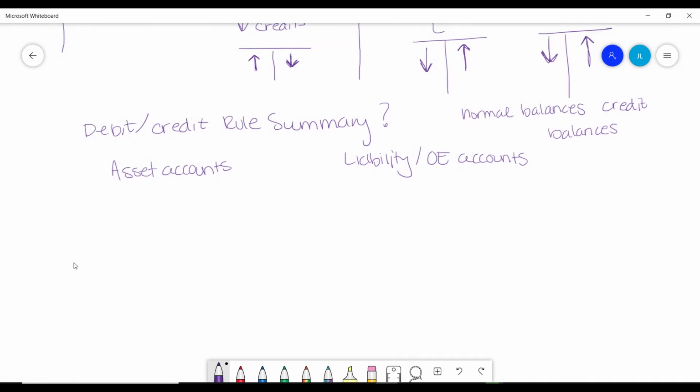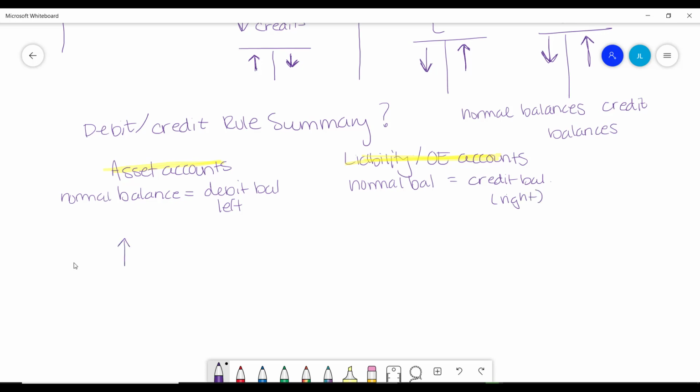Well, what's the normal balance for an asset account and then for a liability account? Okay, well, the normal balance for an asset account is a debit balance, which is the left-hand side of the account, whereas the normal balance for liability and equity accounts is a credit balance, which is on the right-hand side.